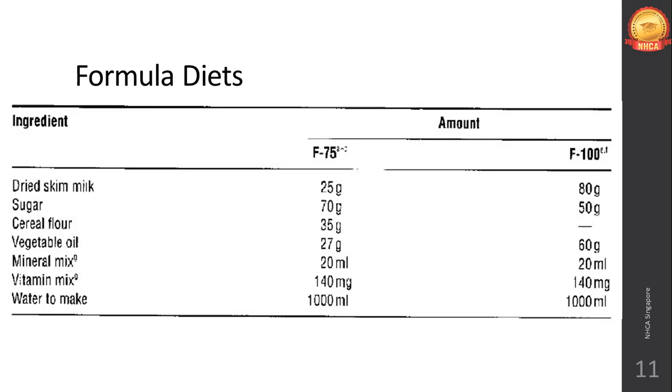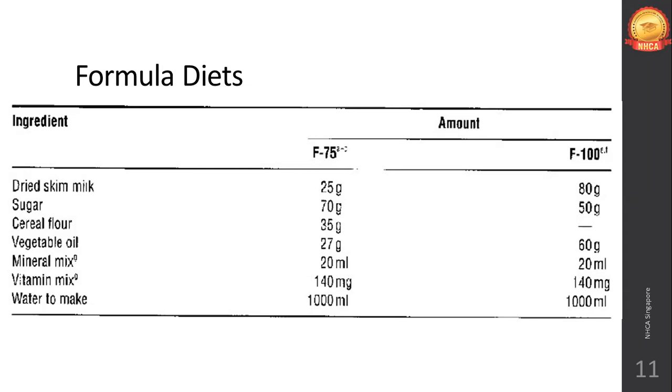Every 100 ml of formula 75 gives 75 kilocalories. Formula 100 will give 100 kilocalories. That is why they got this name. So you start with F75 and then later move on to F100. That is the strategy here.